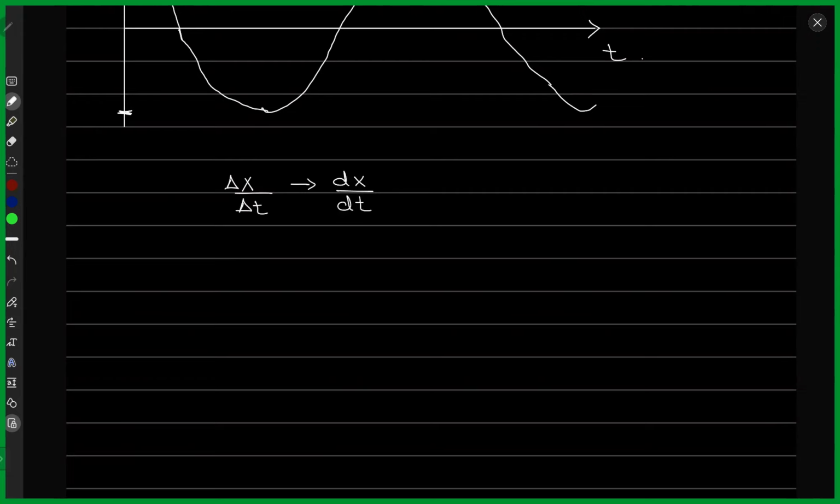We make this delta t interval so small, and that's when it converts into a derivative operator. But for now, you can say that anything that looks like this can be written as a derivative dx by dt, like this.